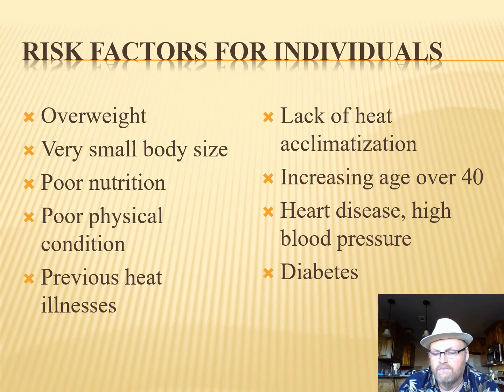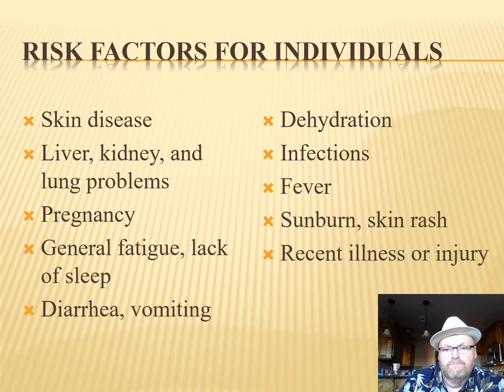If you're over 40, if you have heart disease, high blood pressure, diabetes, other health issues, or respiratory issues, then you can easily be at risk. And you've got to take these precautions on the front end. So individually, we've got to look at skin diseases, liver, kidney, and lung function problems.